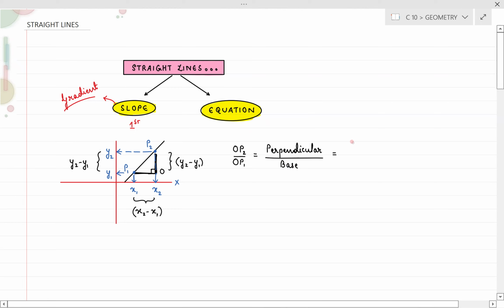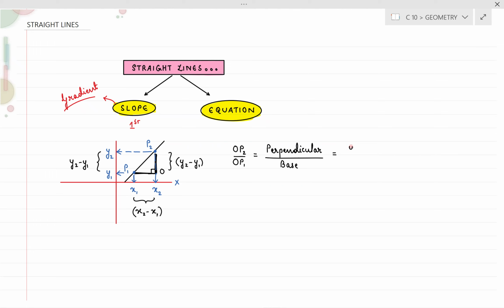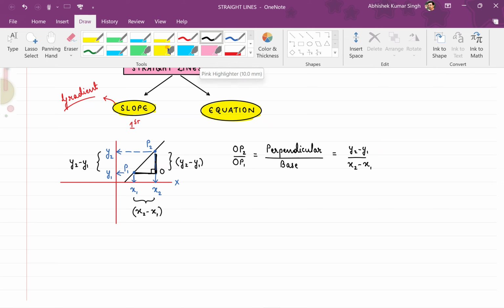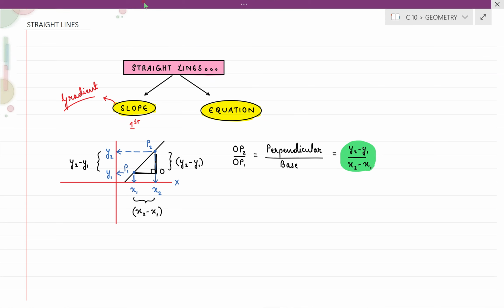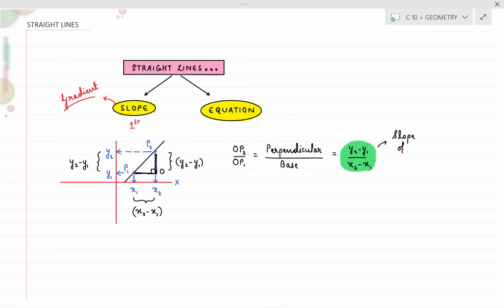The ratio of perpendicular and base is y2 minus y1 divided by x2 minus x1, which is known as the slope of line. This expression is known as slope of line P1 P2.